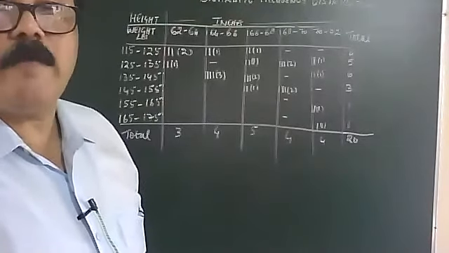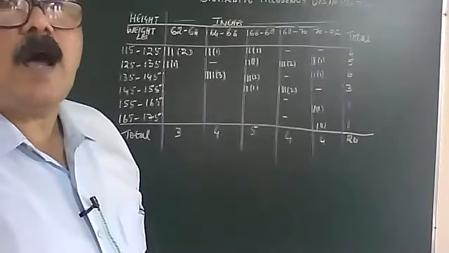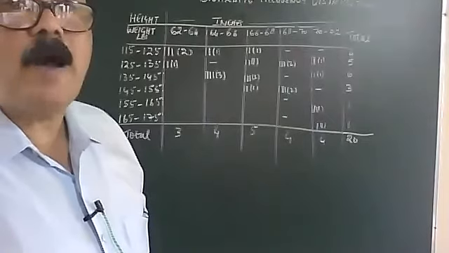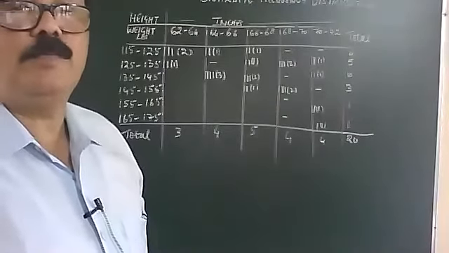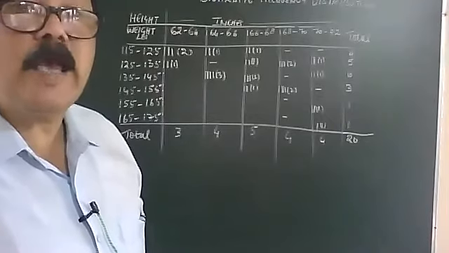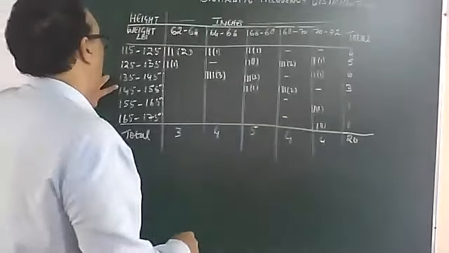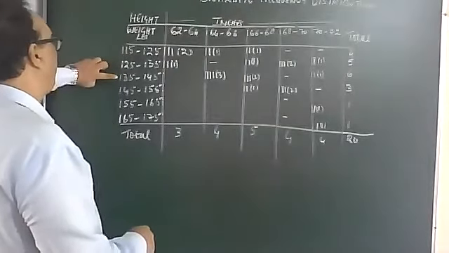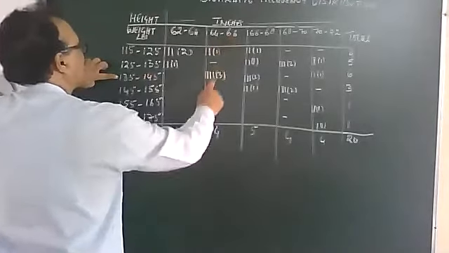When we are plotting something, we are plotting them in their class intervals, whereby we are losing the actual value. However, let's take this 135 and 145. We have three values of 64 to 66.